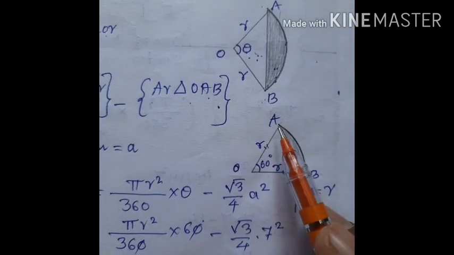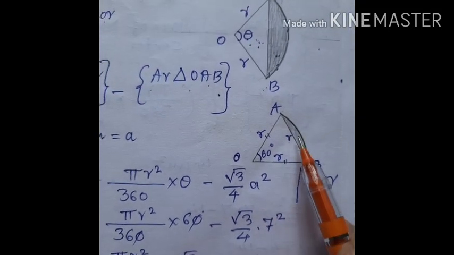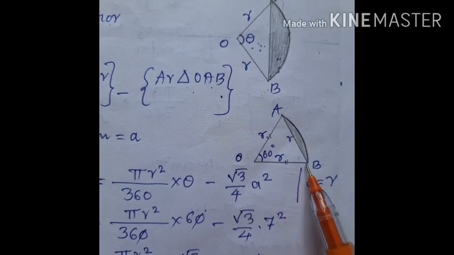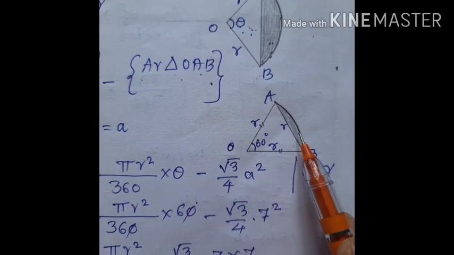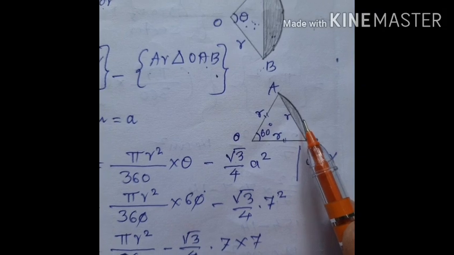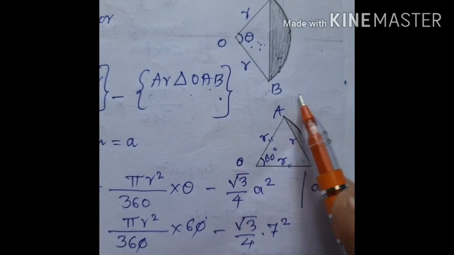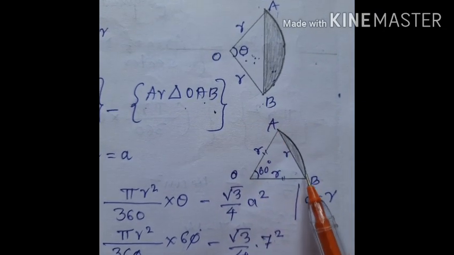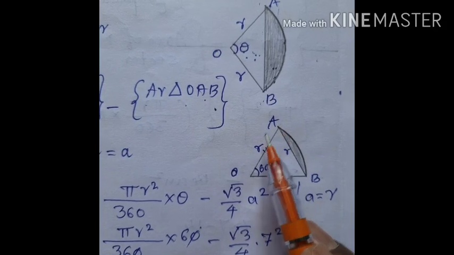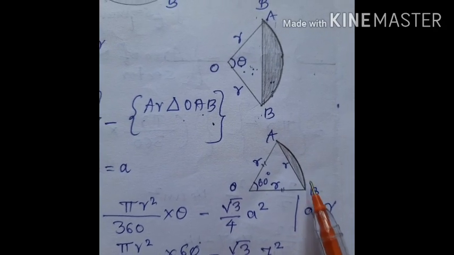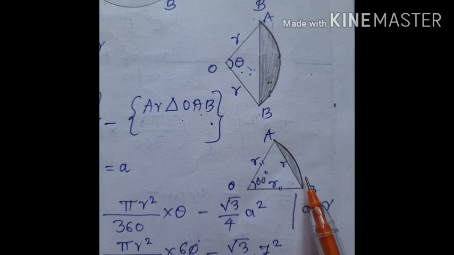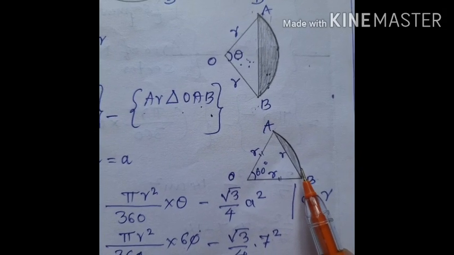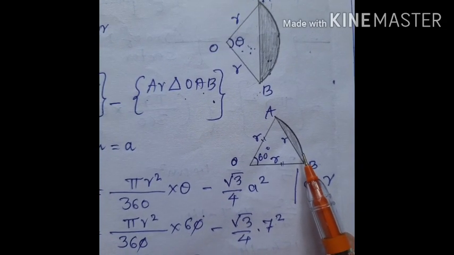Therefore, this chord and this arc make this segment. The shaded portion is the segment. You have to find the area of this segment. So children, first find the area of the sector OBA minus the area of this triangle AOB. Then you will get the area of this shaded portion, which is the area of the minor segment.